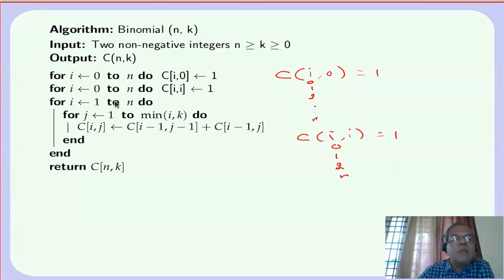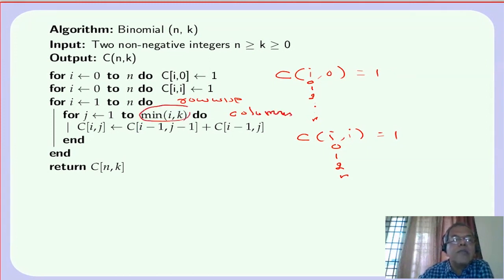Then for i becomes 1 to n, this is from row 1 to row n. This is row wise. This is to fill the columns.